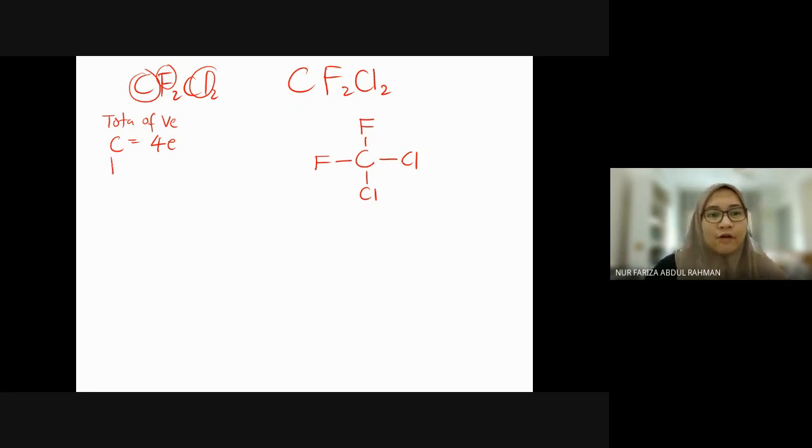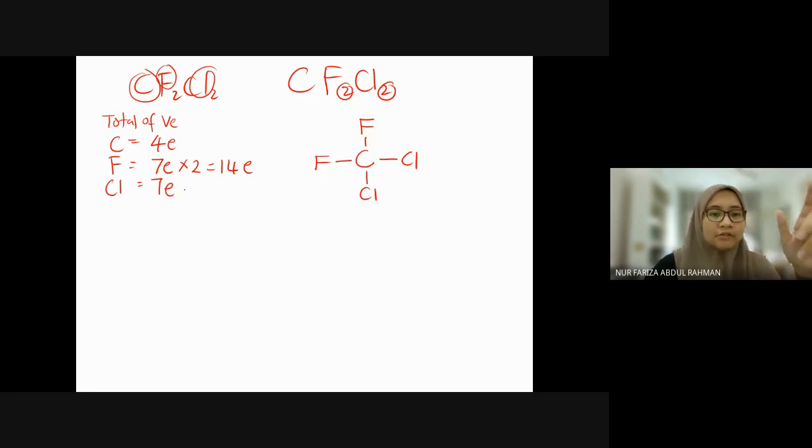How about fluorine? We have to total all the valence electrons. Fluorine has 7 electrons, times 2 because there are 2 fluorine atoms, so in total 14 electrons. Then we have 2 chlorines. Same goes with chlorine, multiply by 2.